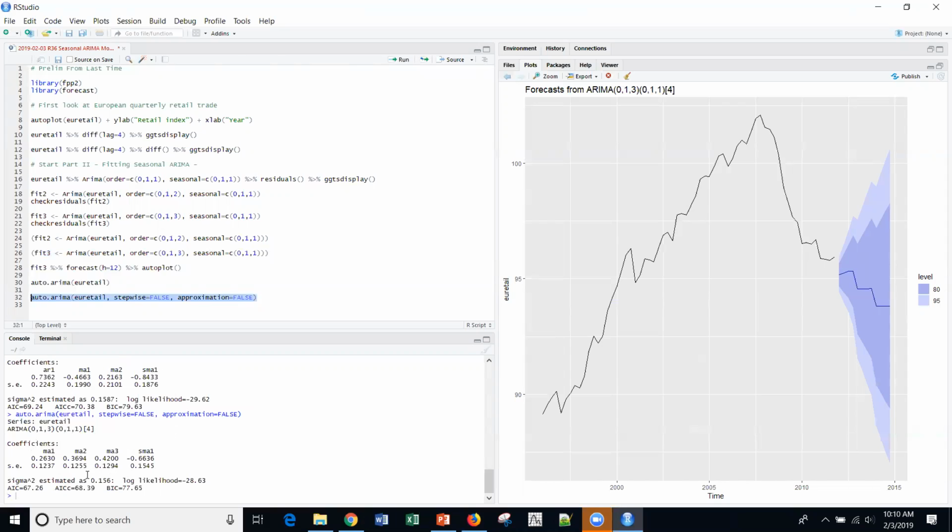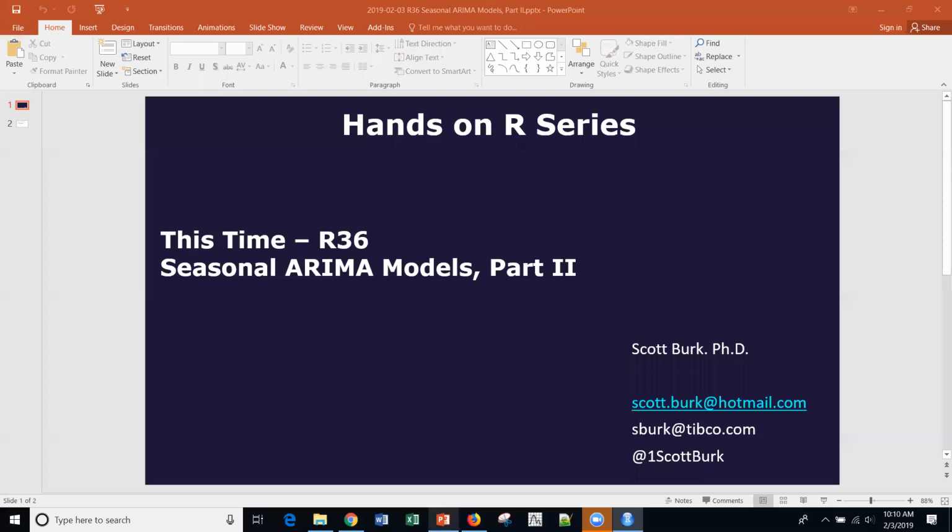And so the recommendation there from the auto.arima is an ARIMA 013011 with m of 4. Again, this is quarterly seasonal data. So kind of interesting, and we'll quit there.